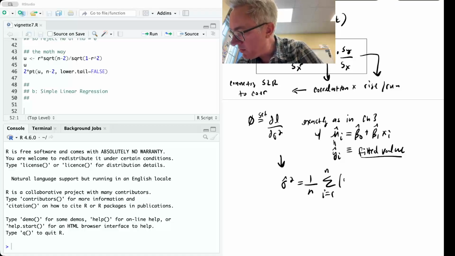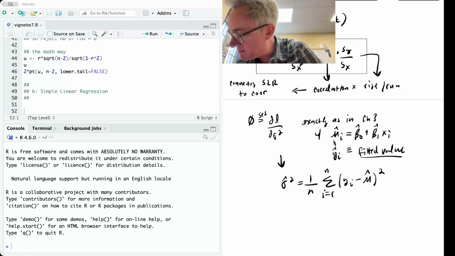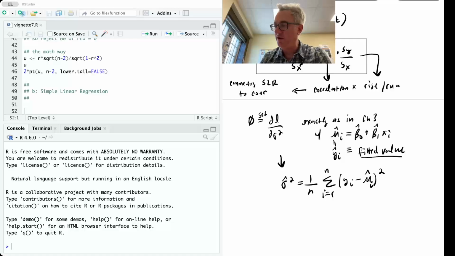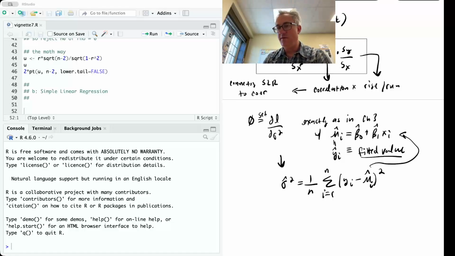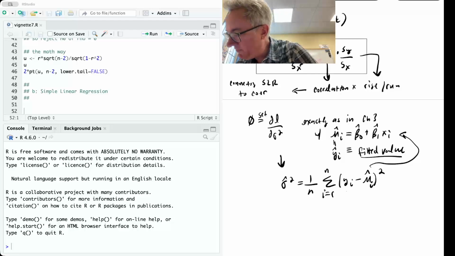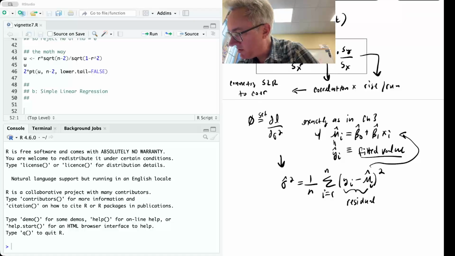In chapter 3, we did the residual sum of squares to the estimated mu value. But in this case, the estimated mu value is different for each i because it follows the linear equation with the estimated slope and intercept parameters. And this difference between the data value and the fitted value has another special name called residual.